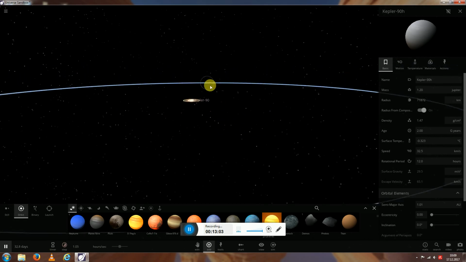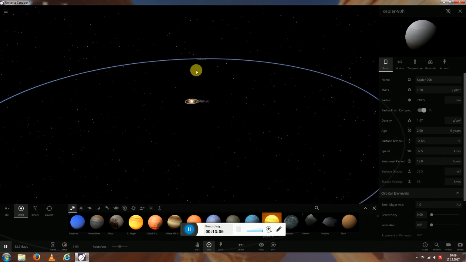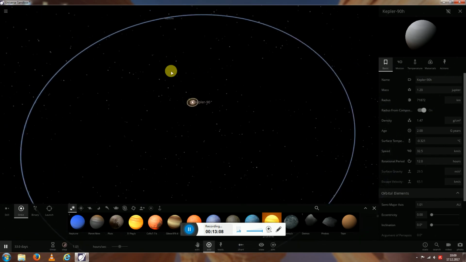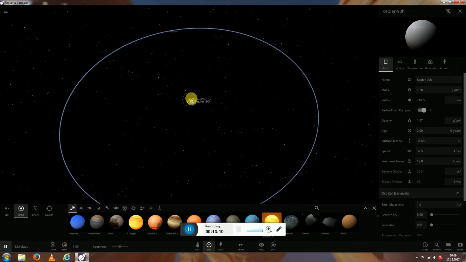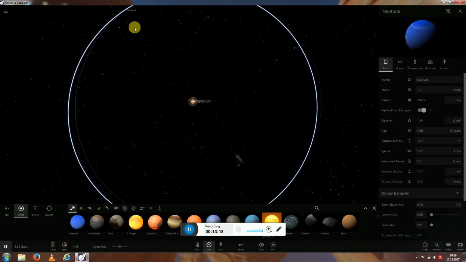So as you can see, there's a huge difference between Kepler 90H over here and Neptune over there.